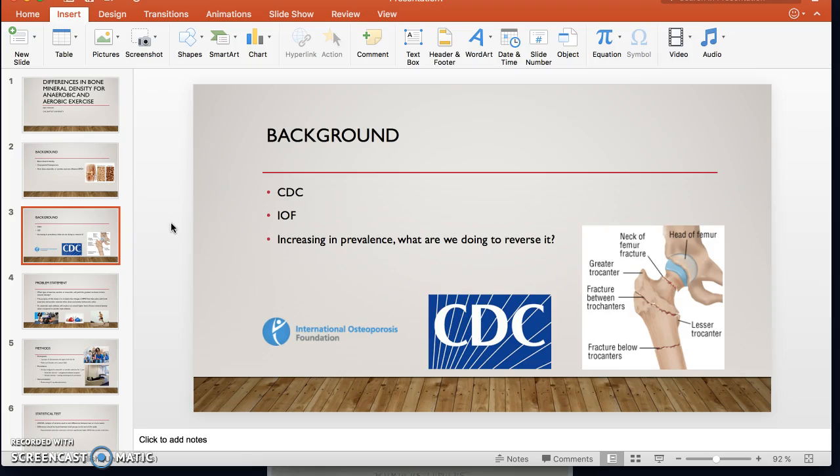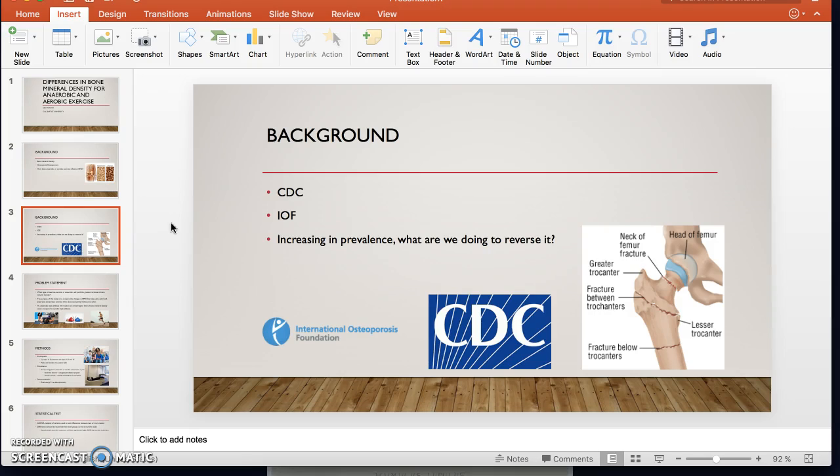According to the International Osteoporosis Foundation, the IOF, between 1990 and 2000, there was nearly a 25% increase of hip fractures worldwide. The peak number of hip fractures occurred around 75 to 79 years old for both sexes. And for all other fractures, the peak number occurred around 50 to 59 years and then decreased with age.